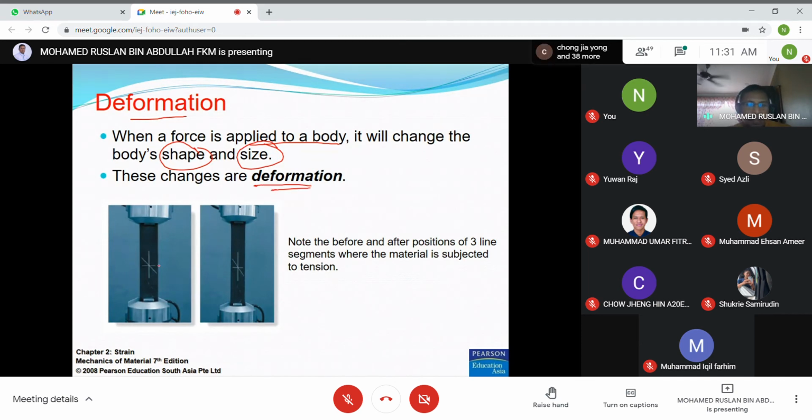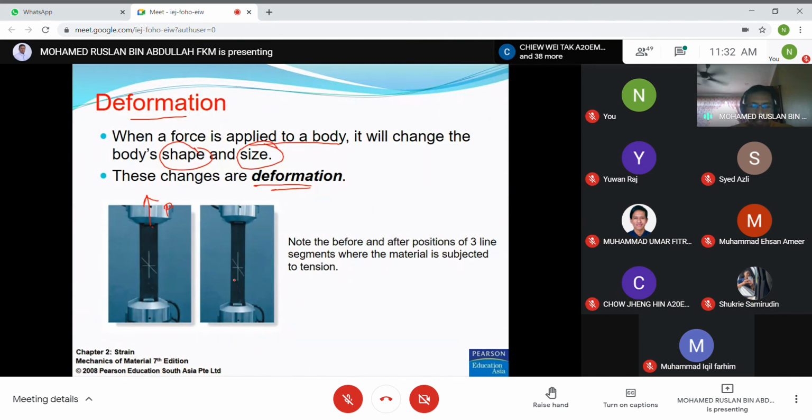For example, this one is before deformation, and we pull upward with P. So what happens? You can see the change of shape and size. You can visualize what happens to this body when we pull or when we push.